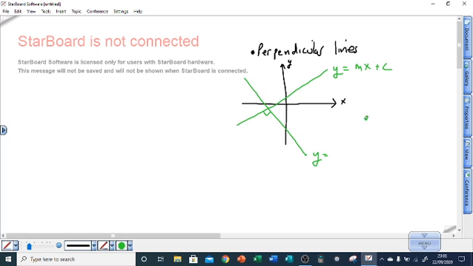The two things you've got to do is reciprocalize, i.e. flip the fraction, and the second thing you've got to do is change the sign.